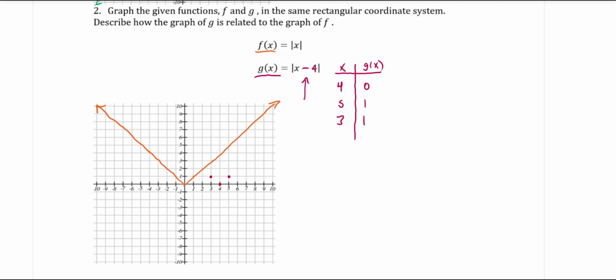And we can already see the characteristic V-shape and how it's been shifted. We see that the V-shape hasn't really been distorted too much, it's just been shifted to the right. And that's perhaps surprising because before, when we added something, it shifted it up, which is to be expected. But now that we've subtracted something inside the function, it's shifted us in the positive direction?